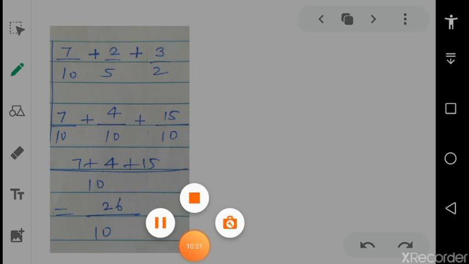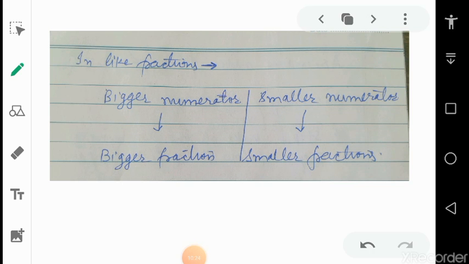Now in the next slide, in like fractions, these are important. If you remember this, it will be easier to determine which of the fractions is bigger or which of the fractions is smaller, because this is an important point and questions are asked from this topic.